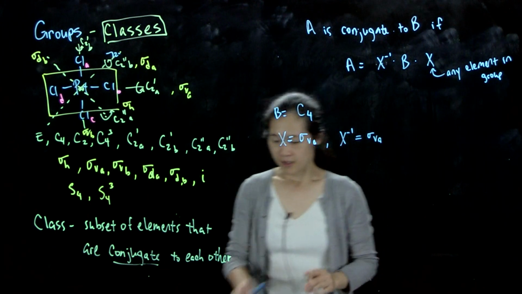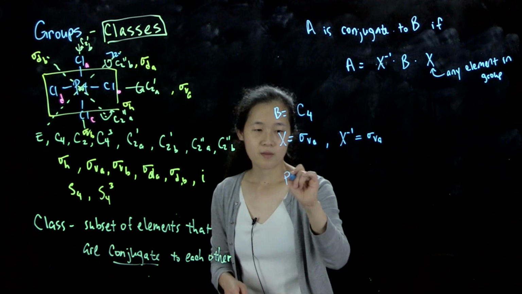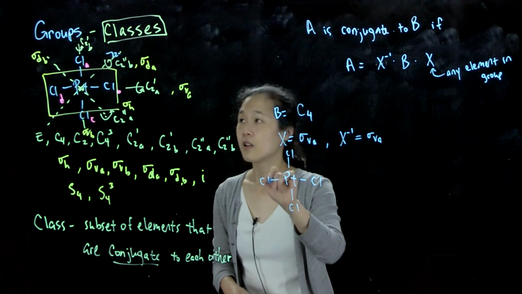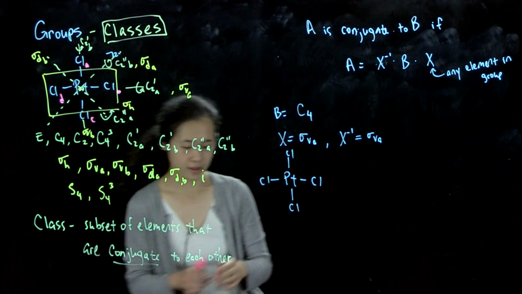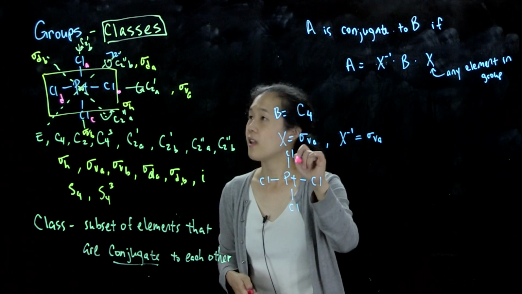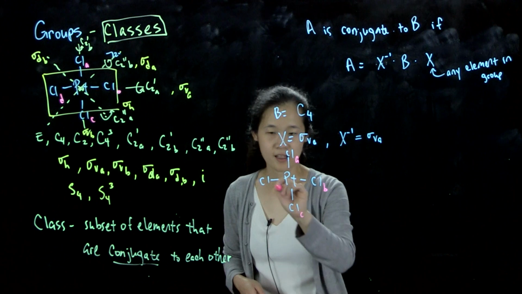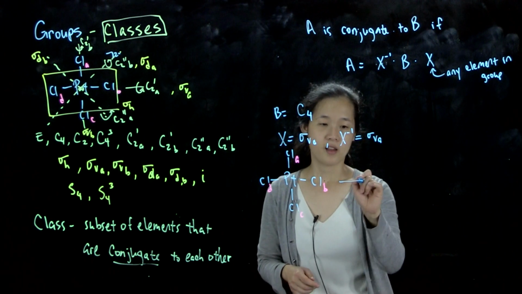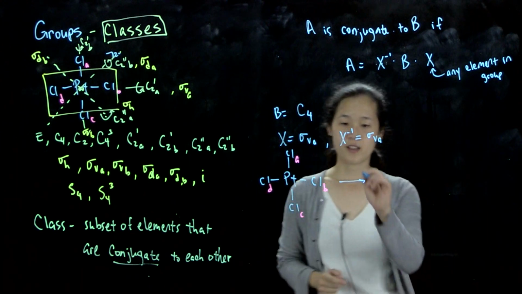So let's start. So we have platinum, chloride, chloride, chloride, chloride. So A, B, C, D. So if our first operation is going to be x, sigma VA, so this is x.